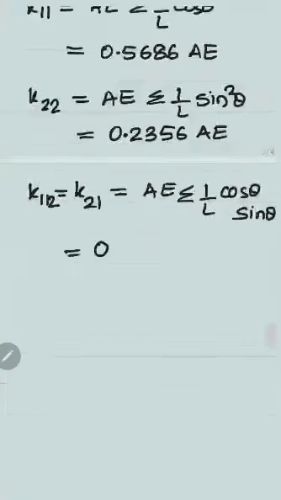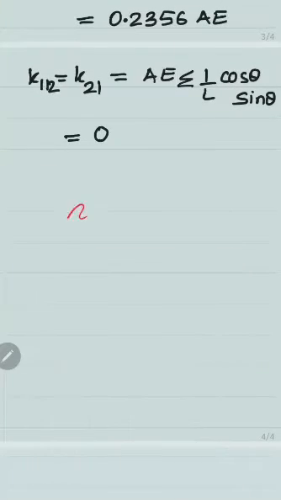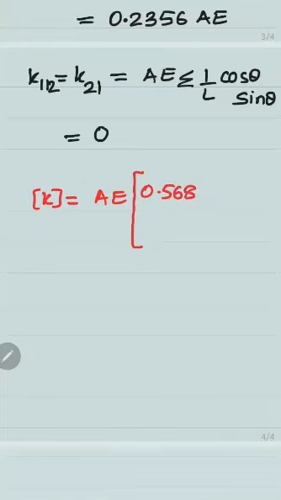So finally your K matrix will be AE times the bracket: K11 is 0.5686, K21 is 0, K12 is 0, and K22 is 0.2356. So this will be your K matrix, right?